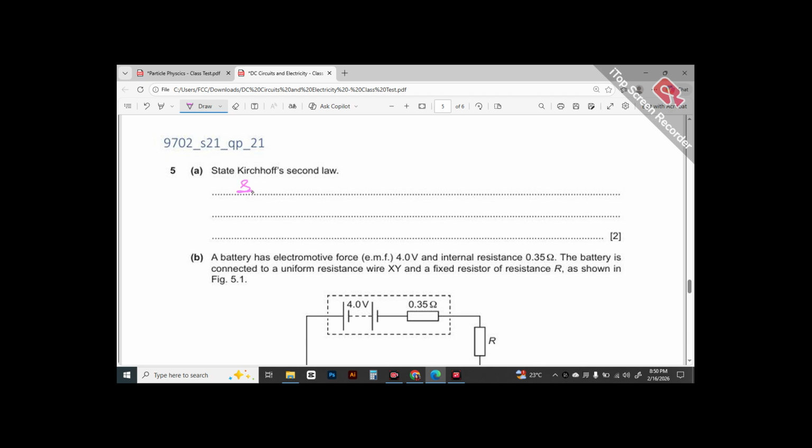You have to mention that the sum of EMFs in a closed loop should equal the sum of potential differences in the same loop. 1 mark for mentioning this sum in both aspects and the other mark for mentioning closed loop.